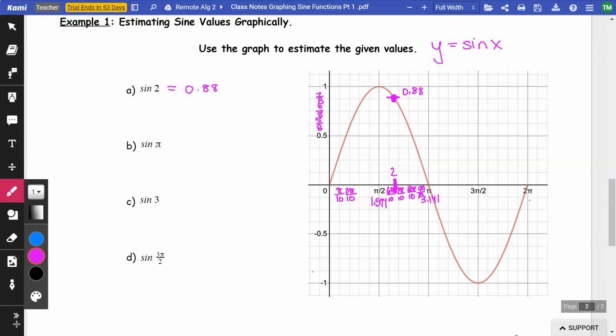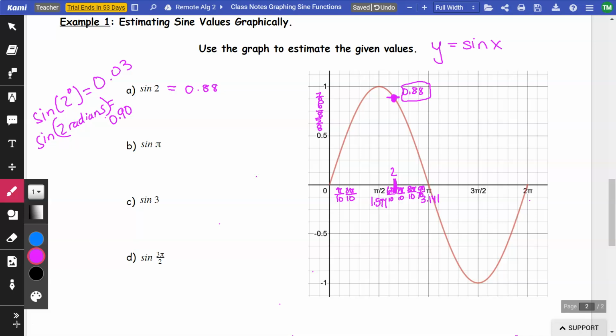When I plugged in the sine of 2, my calculator was automatically in degrees, and the sine of 2 degrees is 0.03, which is not anywhere close to what we have here. When I plug in the sine of 2 radians, I get 0.90. So our estimate of 0.88 is actually pretty good. I'm not mad at that at all. I would accept that as an answer because we are estimating the values of sine using our graph.